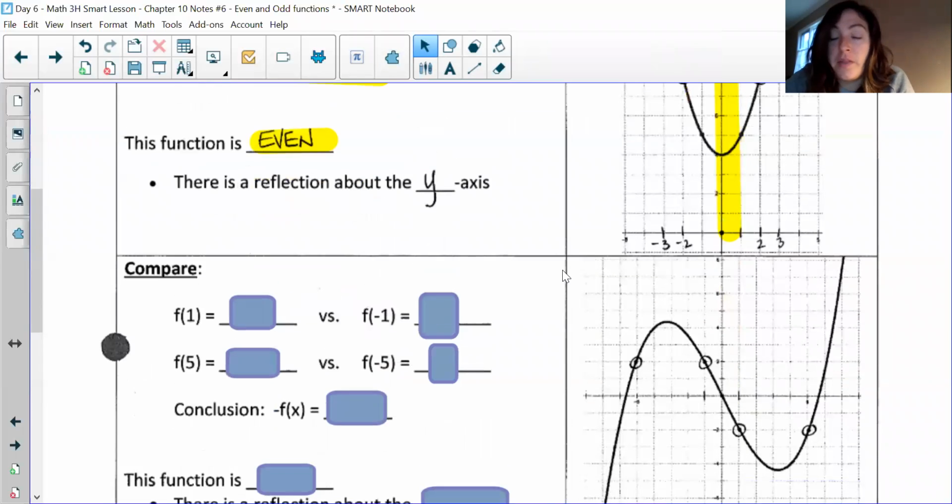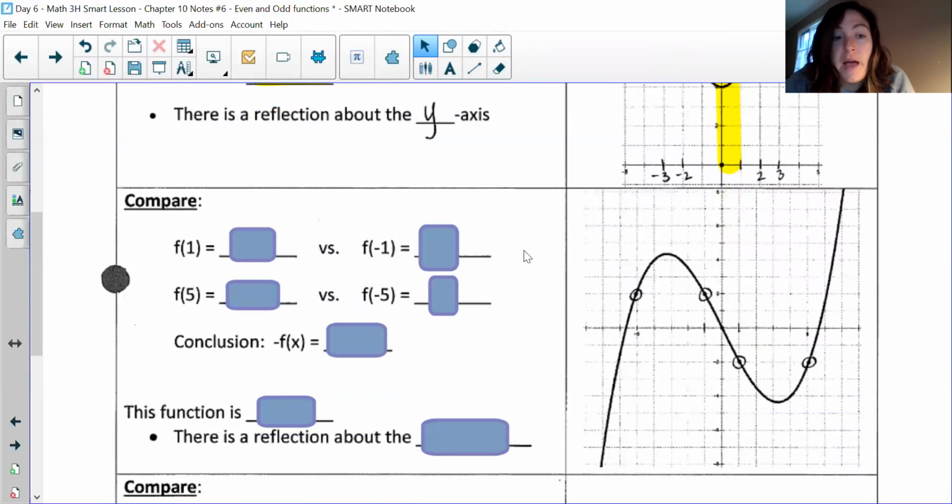Now let's take a look at another graph. f of 1 compared to f of negative 1. The value of f of 1 appears to be negative 2. The value of f of negative 1 appears to be positive 2. f of 5 appears to be negative 2. f of negative 5 appears to be positive 2.